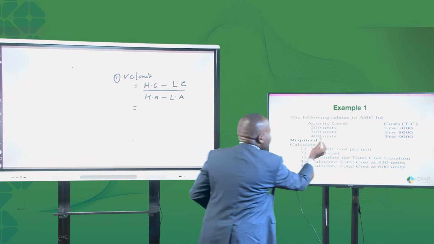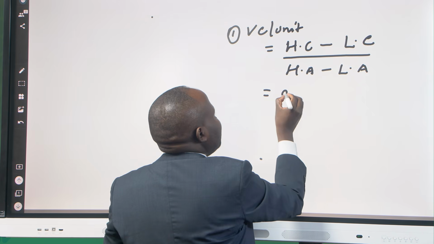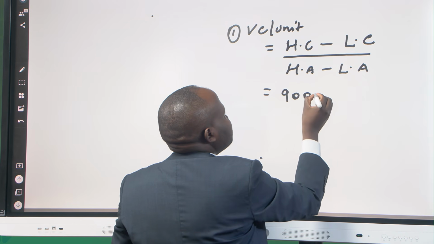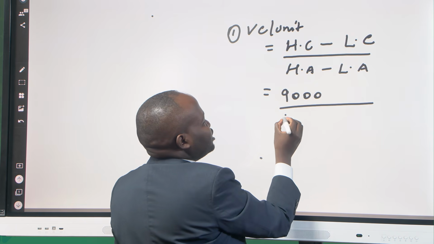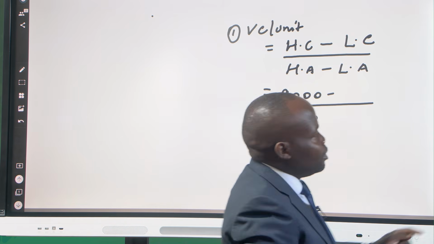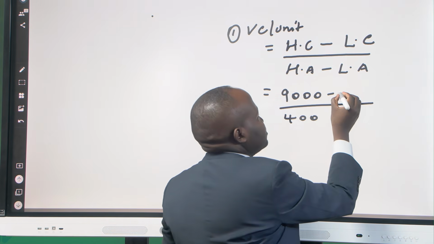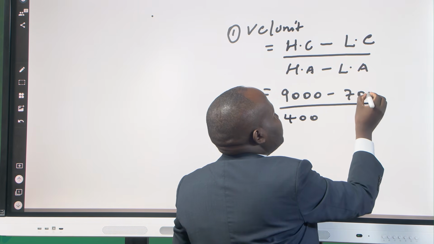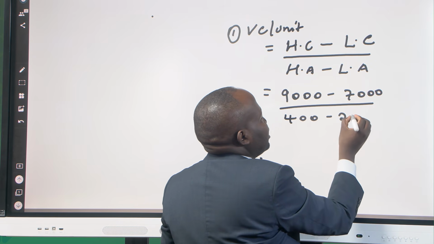So the highest activity, the cost is 9,000. So we'll come here and have 9,000. The highest activity is 400 units. Minus lowest activity is 200 and the cost is 7,000. So here we'll have 7,000, and here we'll have 200.